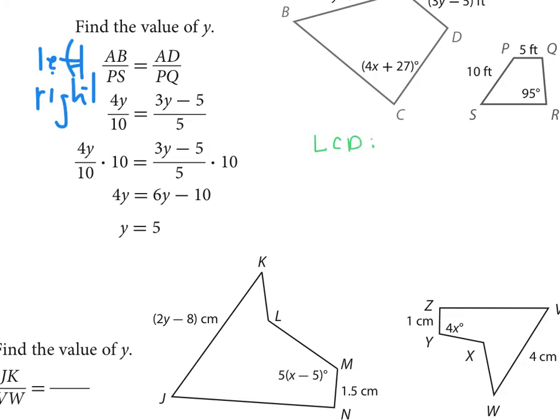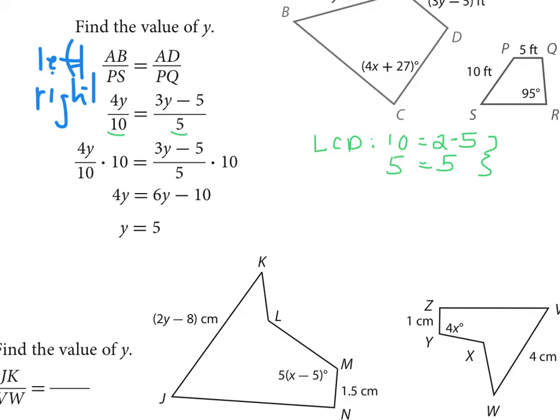The denominators that exist right now are 10 and 5. I'm going to list those one on top of another like this. 10 has prime factors of 2 times 5. And 5 doesn't have any other factors than 1. 5 is already prime.